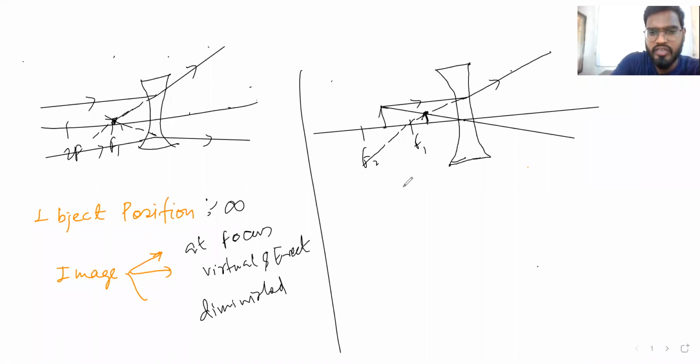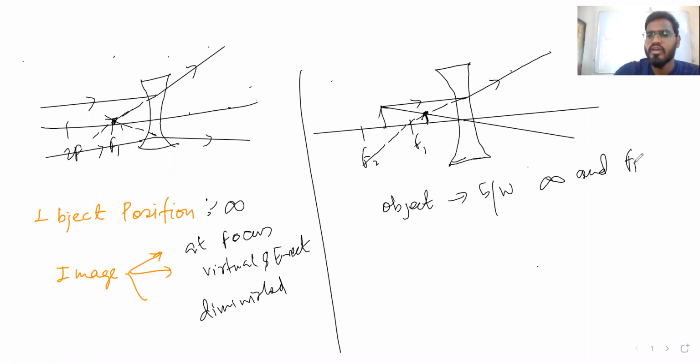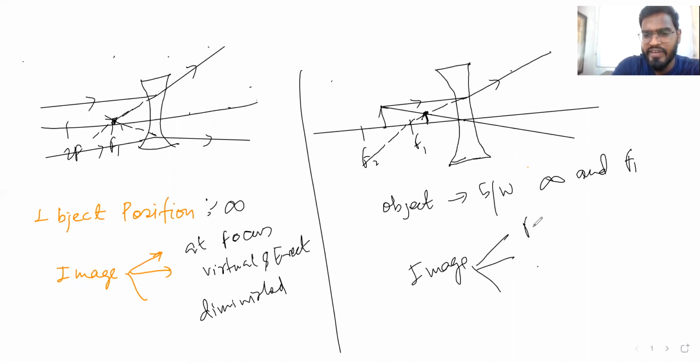So the object is between infinity and, let's take f1, anywhere in between f1 and infinity. The image is going to be between f1 and the pole, right?